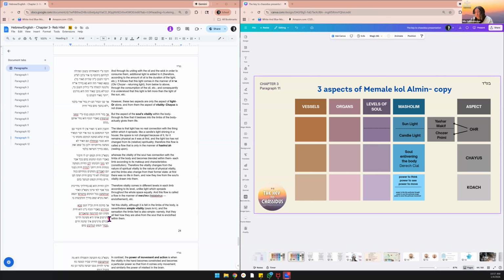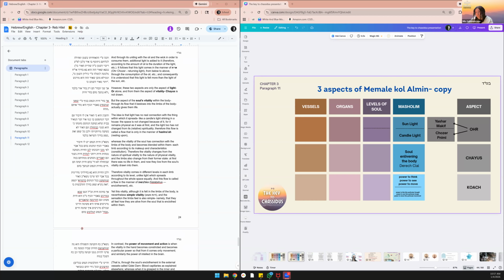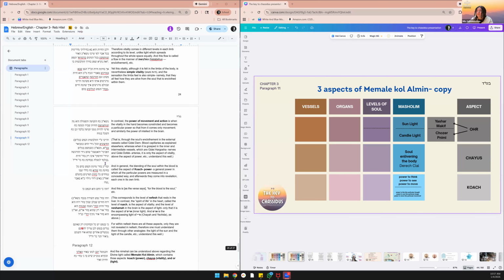וגם ההרגשה שבעברים מרגיש שם עושה הוא פשוטה. And the sensation the limbs feel is also simple. היינו שכולם מרגישים איך שהם החיוס בחינס נפש המלובש בהם. That they all feel, meaning the limbs feel how they are alive from the soul that is enclosed within them. That's it. No individuation.